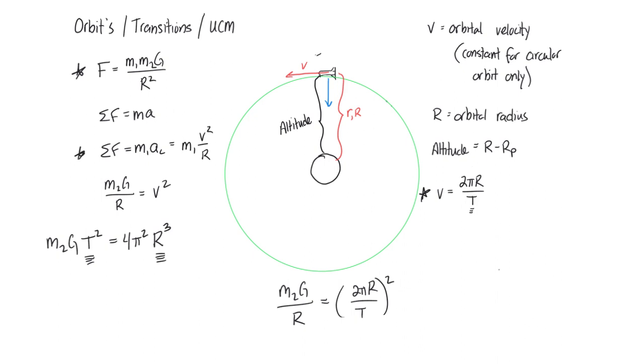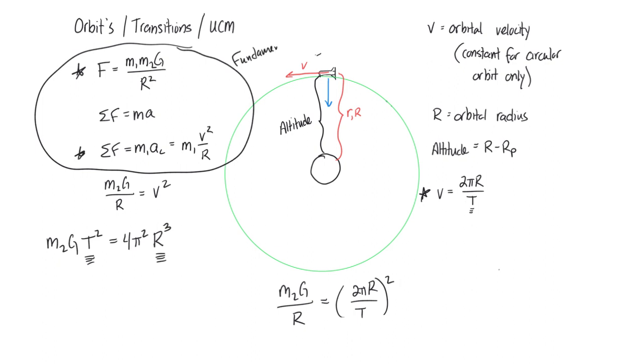Again, you can solve for any of these on your own. These are considered your basic functions. These are first principles. Newton's second law, Newton's law for universal gravitation, and the definition of centripetal acceleration. These are considered fundamental principles, or first principles.